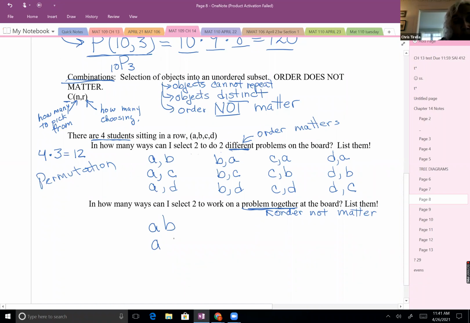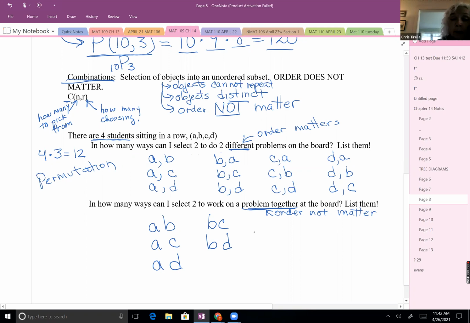If A works with C, then C with A is not a separate choice. If A works with D, then D with A is not a separate choice. If B works with C, then C with B is not a separate choice. If B works with D, D with B is not a separate choice.